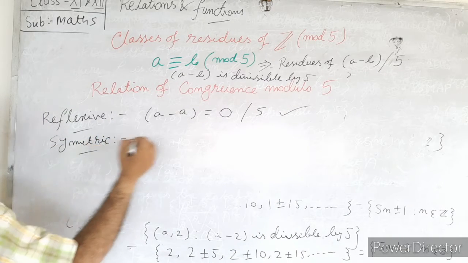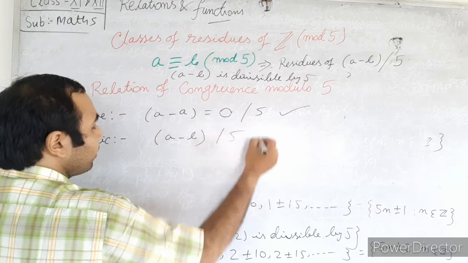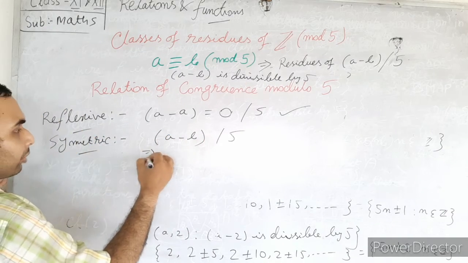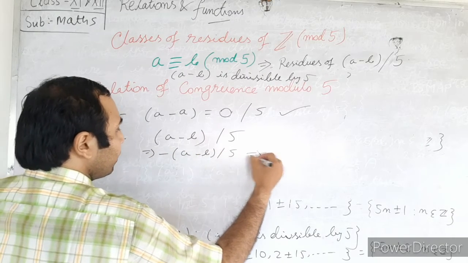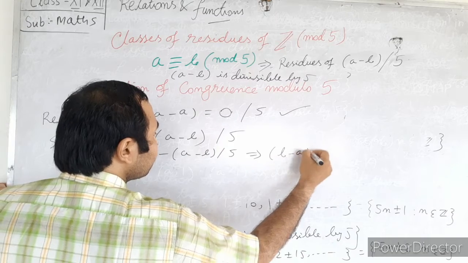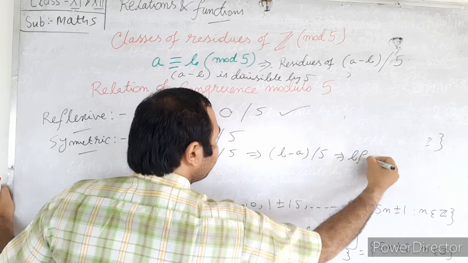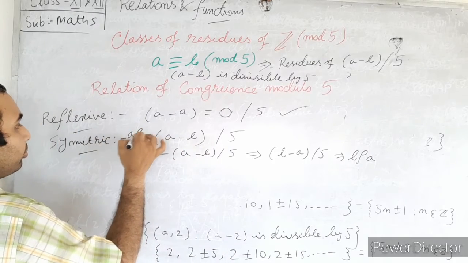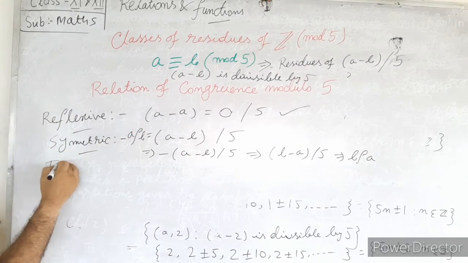For symmetry, I am taking a minus b is divisible by 5. So that means minus of a minus b is divisible by 5, and that means b minus a is divisible by 5, and so b rho a holds. Here a rho b was there, so b rho a holds. Symmetric holds.